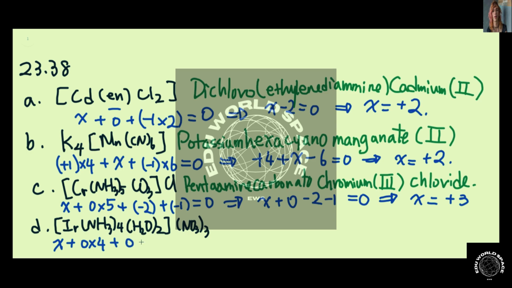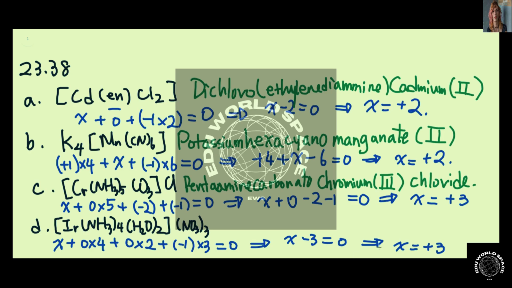Water also has 0 oxidation number, and then the group of NO3 has -1 times 3 equal to 0. So in this case, X minus 3 equals 0. The number of X will be equal to +3.